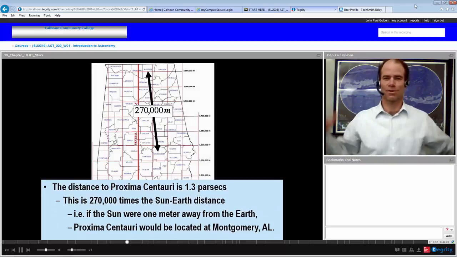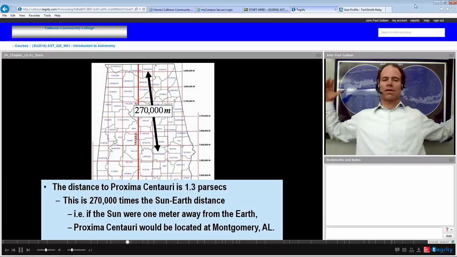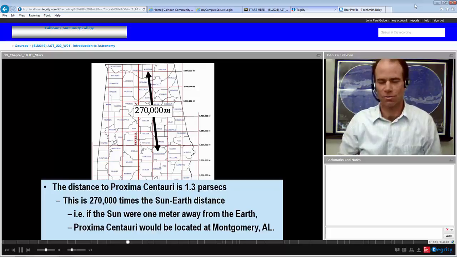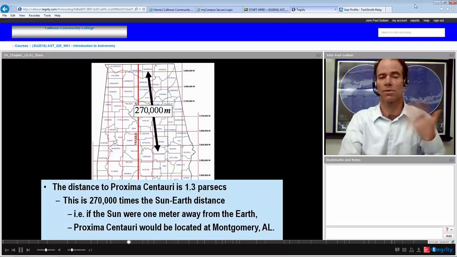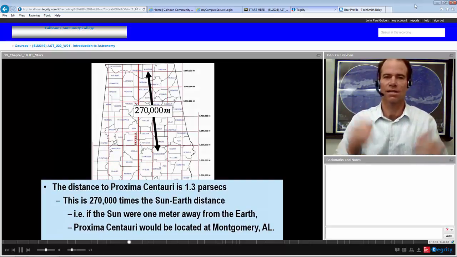So if the Earth-Sun distance were 1 meter apart, the next star would be down in Montgomery, Alabama. That's how far the next star is away. So that's why we should study our sun to study stars, because even the closest star after that is too far away.